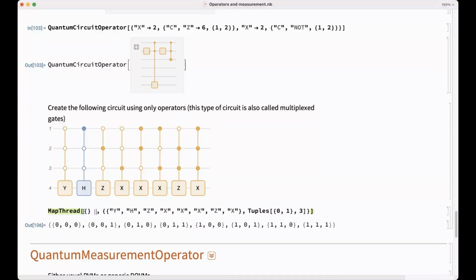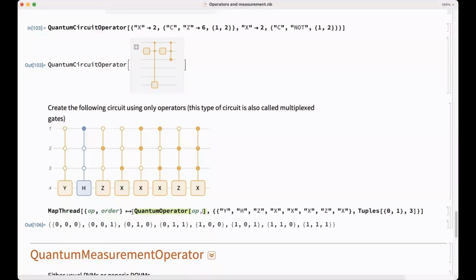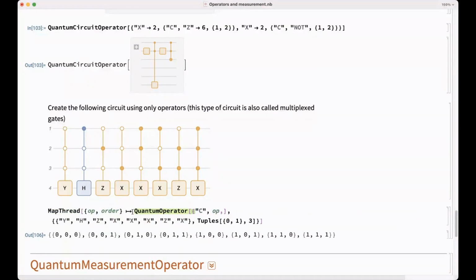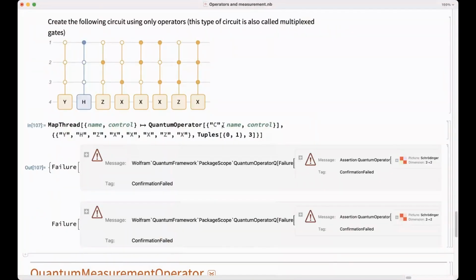And then let's go with the operator, the control name. Yeah, that's better. That makes sense.